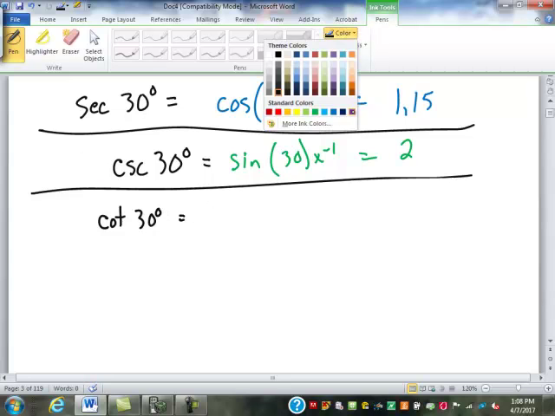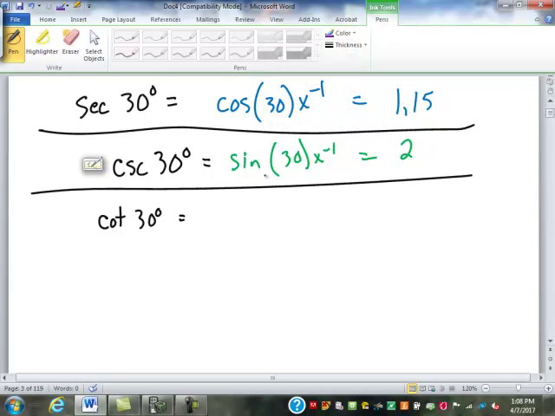What function are you going to use? Tangent. 30, close parentheses, x negative 1 gives you 1.732, which is correct.